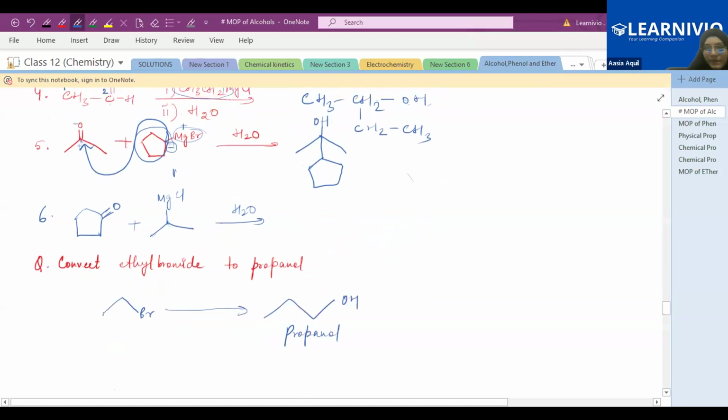Again, it's very simple. See, suppose this is the first carbon, second carbon, third carbon. This is your alkyl group. This alkyl group you have to attach to this carbon, right? Now, what will happen over here? Because this will have the negative charge, the second carbon will have the negative charge.